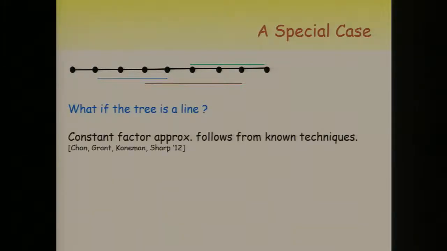All you want to do is pick a subset of edges such that every path is satisfied. By satisfied, it means that whatever the demand of this path is, you have picked at least that many edges. Even this problem is non-trivial, but it so turns out that based on known techniques, Chan et al., you can give a constant factor approximation here. But even this special case is non-trivial.